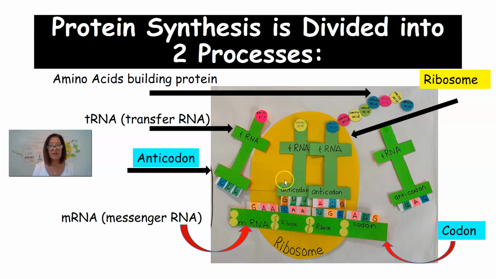This tRNA is just coming in to add to the building of the protein. Again, the anticodon is here and the codon is here. We can see where those two match up to connect the amino acids.